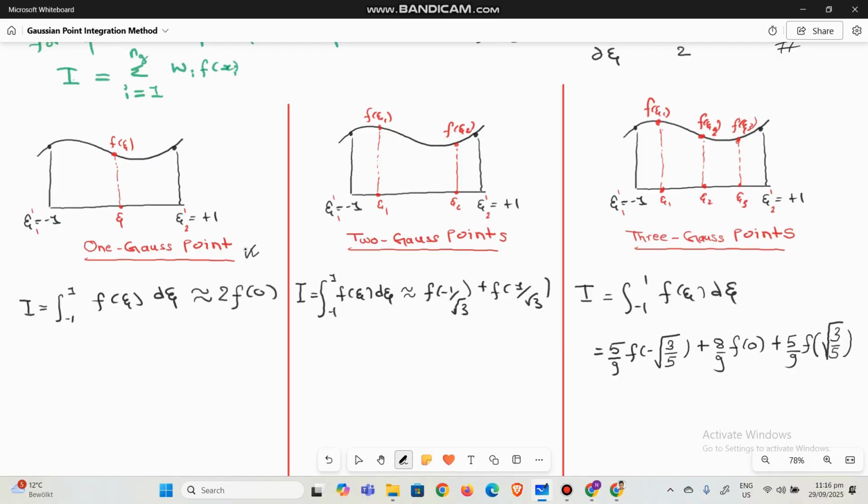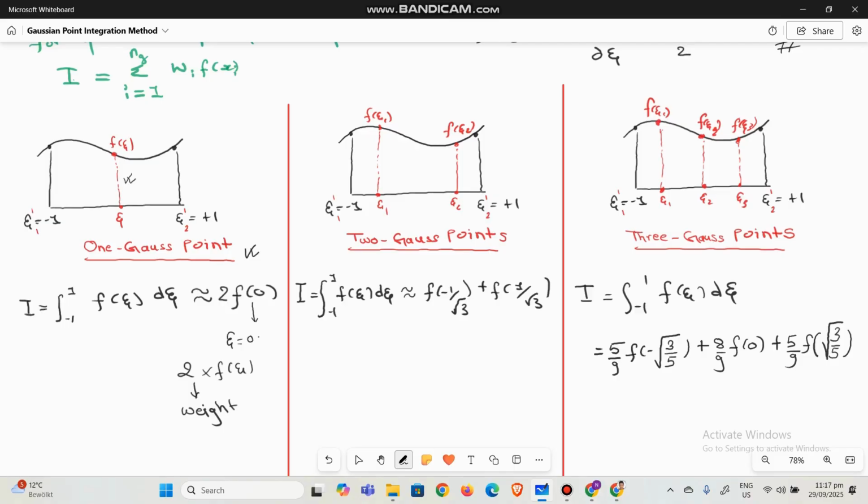Now, for example, we chose only one Gauss point. Then our formula would be to find the functional value at xi = 0 and then multiply with 2. So this 2 is the weight for 1-point Gaussian integration.